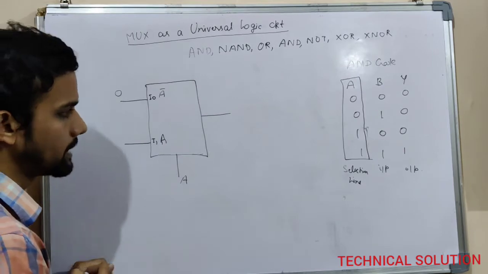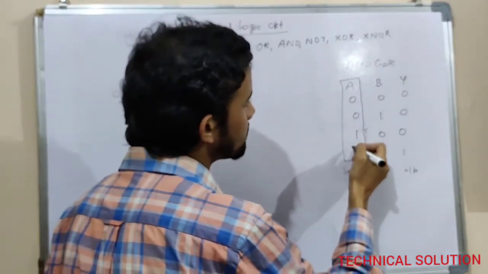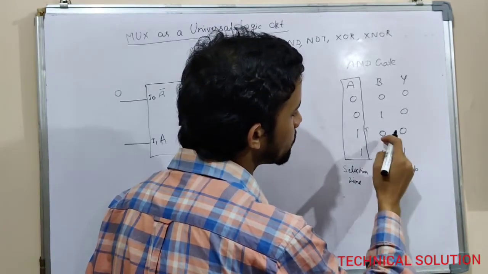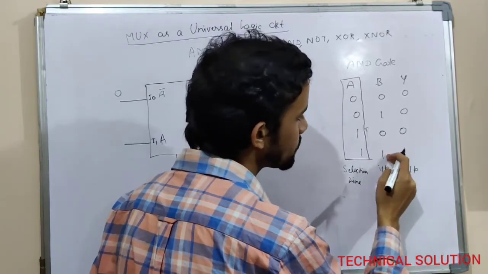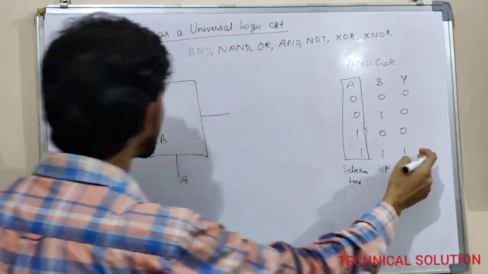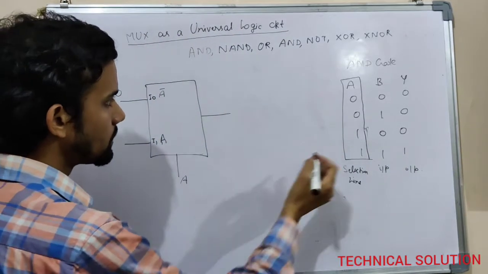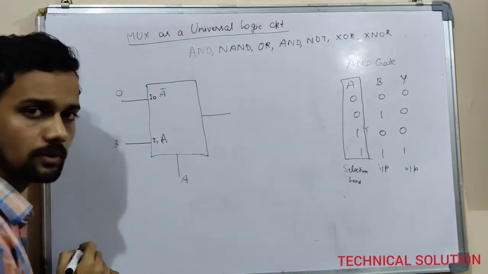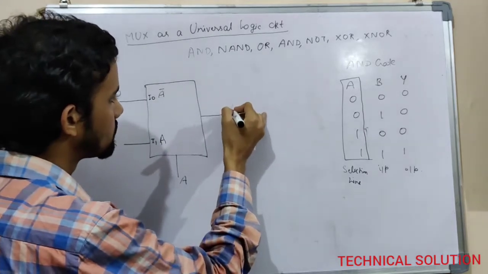Next, if the selection line is 1, whatever the input is, we get the same in the output. If input is 0, we get output 0. If input is 1, we get output 1. So this line is assigned to B. This is output.